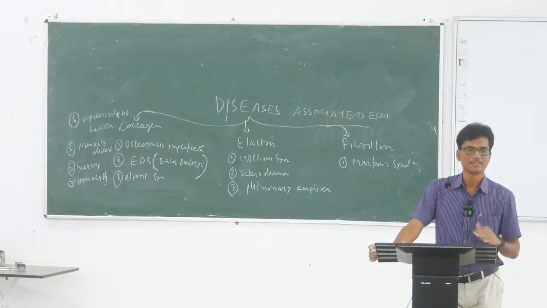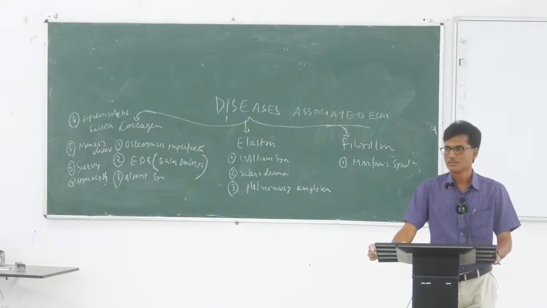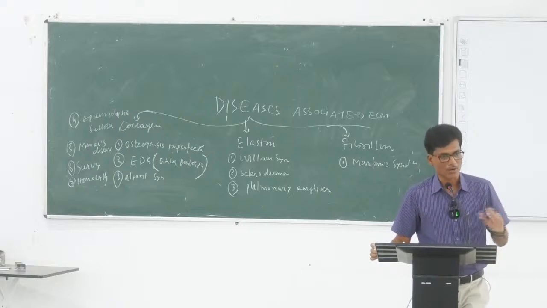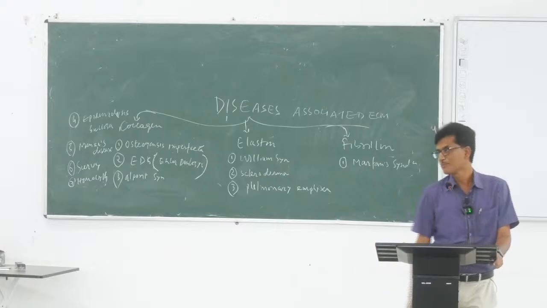So it can easily get detached from the dermis, and minor trauma can give rise to blistering or breaking of the skin. So a little friction and the skin gets scraped off, that is epidermolysis bullosa.